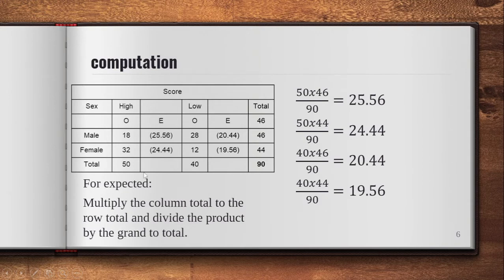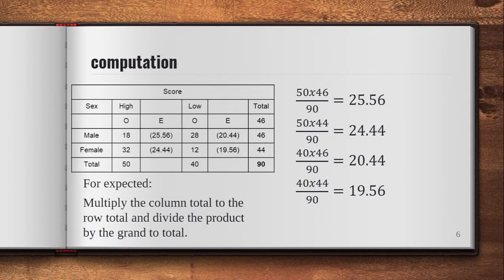Now, the computation for expected: multiply the column total to the row total and divide the product by the grand total. Here, this 46, if you are asking, disregard that because I filled it up. Focus on the 46 and 44 totals.